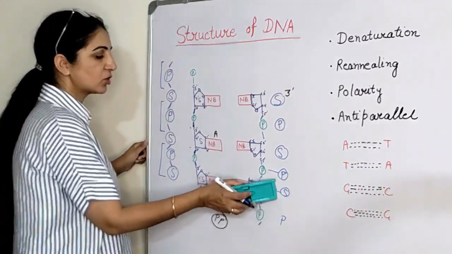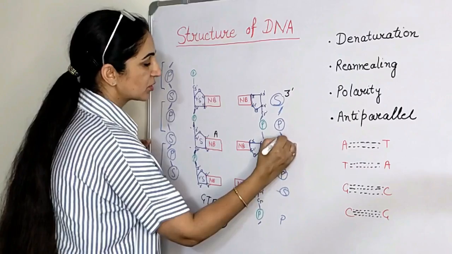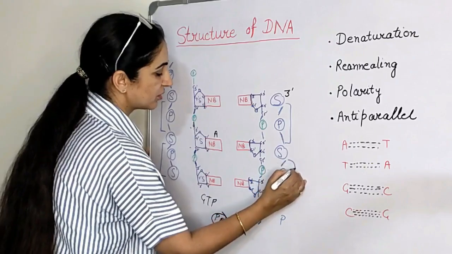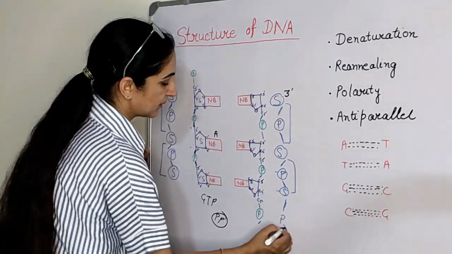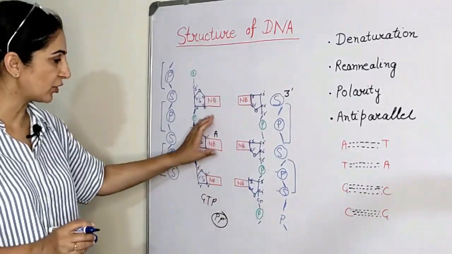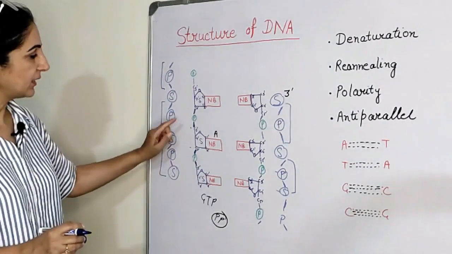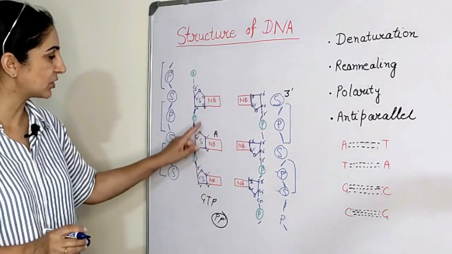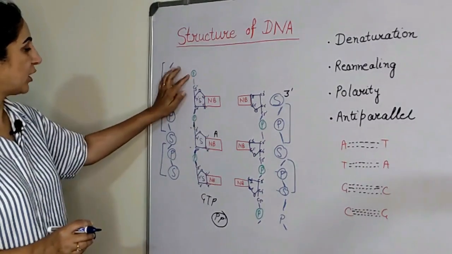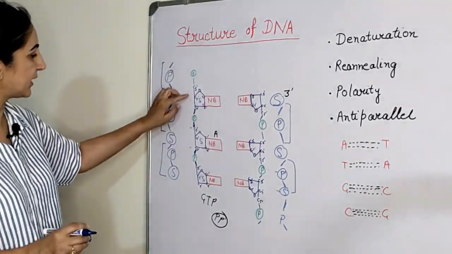So these are also linked to each other with the help of phosphodiester bonds. As we have discussed, these are the strong bonds. This is phosphodiester bond, this is also phosphodiester bonds. So we have got two linear strands of nucleotides which have phosphorus and sugar backbone. These nitrogenous bases are the branches. The backbone is made up of phosphorus and the sugar subunits linked to each other with the help of phosphodiester bonds.